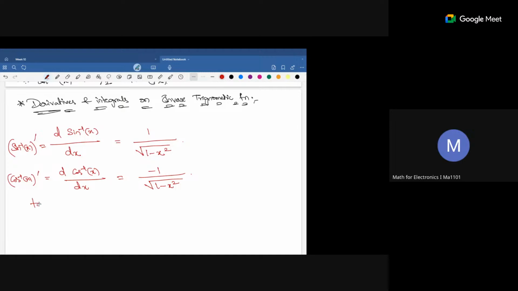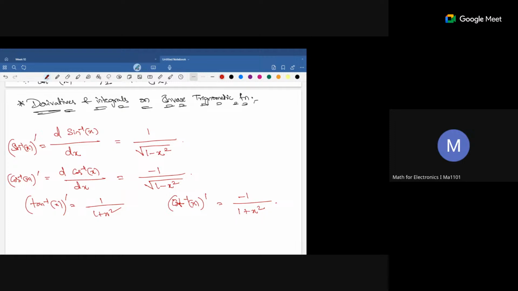So tan inverse of x derivative is 1 by 1 plus x square, and cot inverse of x derivative is minus 1 by 1 plus x square. And this is with respect to derivatives.